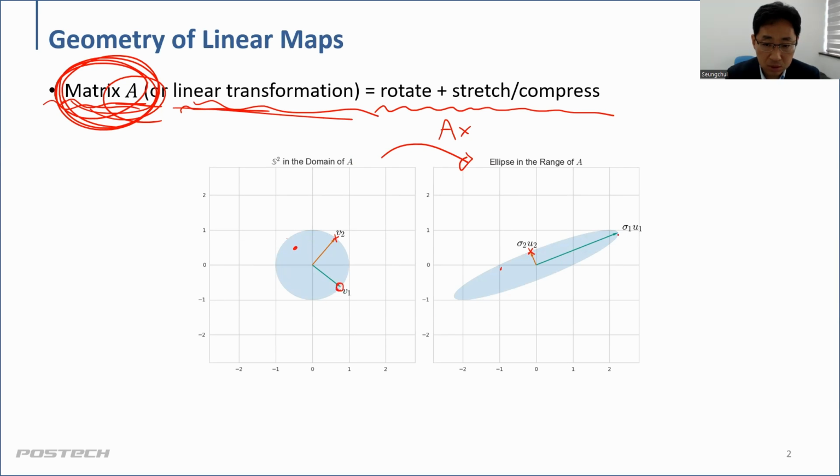And these data points are like there. So whenever we have the original space, we're gonna say domain, by matrix A, we'll do transformations into another space. We call it range of A.